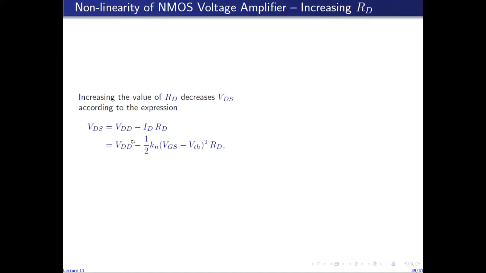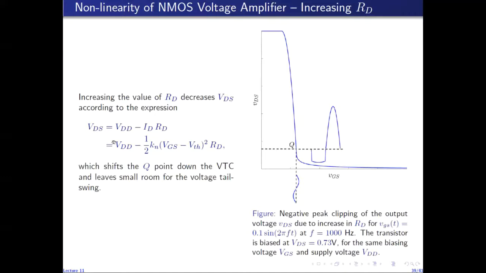So increasing RD will decrease VDS, which in turn will shift the Q point down the VTC. This will leave smaller room for the swing of the output voltage.